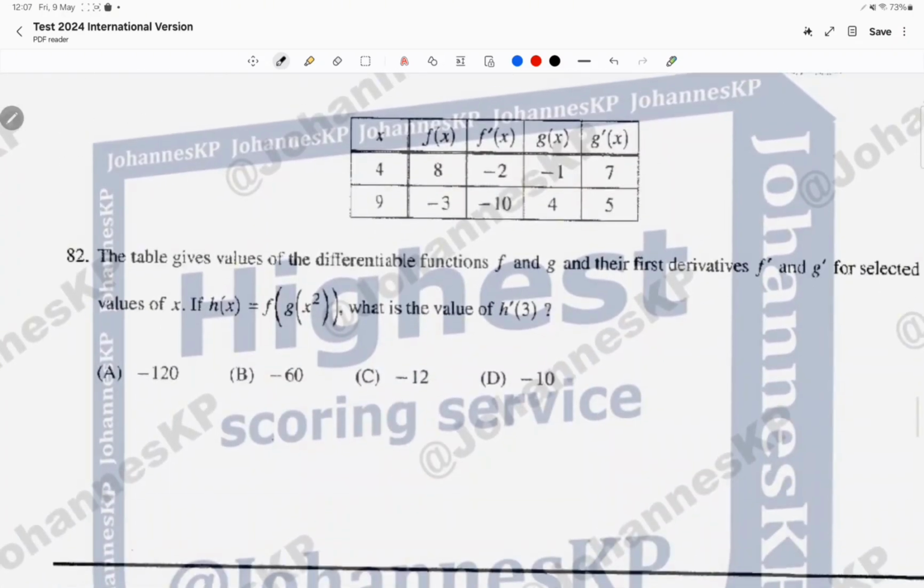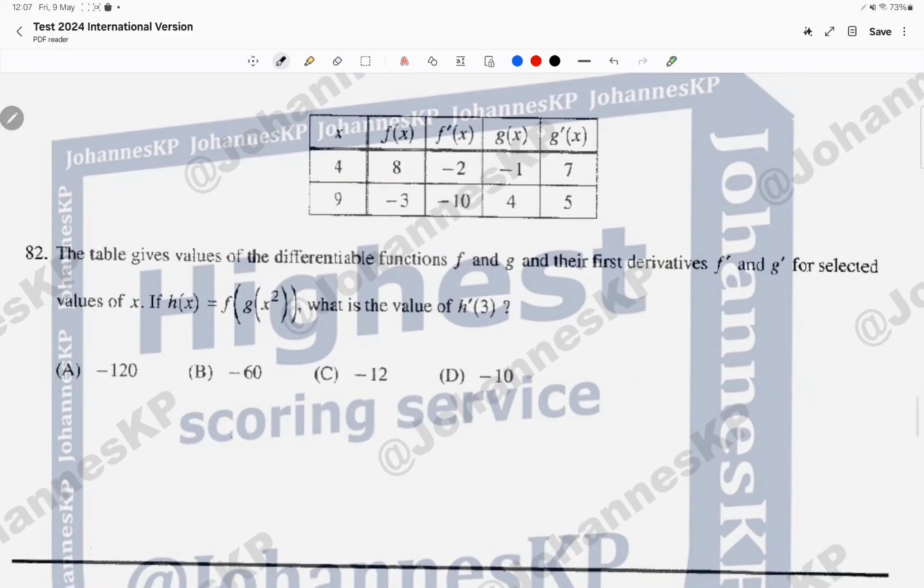82. Table gives the value of differentiable functions. Right, so we want to find the h prime. You got to take this and you got to differentiate. So you're going to say h prime of x equals f prime of g of x squared, times g prime of x squared, times 2x. Replace the x with 3.